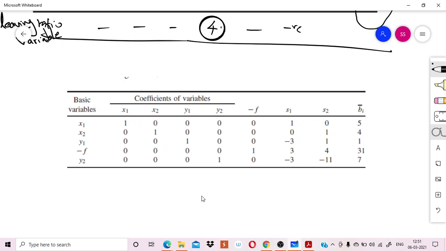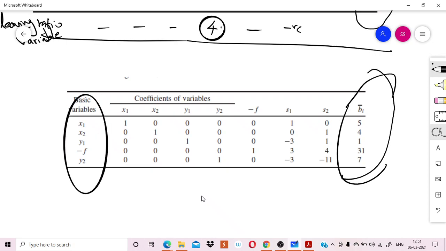And now if you observe, if you compare the basic variable and the solution column, you will get all integer solutions. So you can stop here. The given solution will be our optimal solution for the linear integer programming problem.